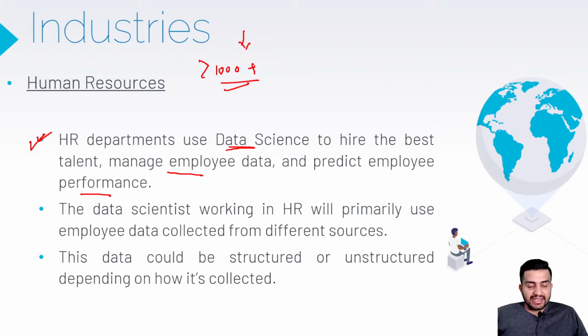And the data scientist working in HR will primarily use employee data collected from different data sources. It's pretty logical as well. So in the HR field, the data scientist who is working dedicatedly in HR will definitely involve employee-level data collected from multiple different sources, because to avoid bias in my information, it is always advisable to have referential different sources of my data as well.